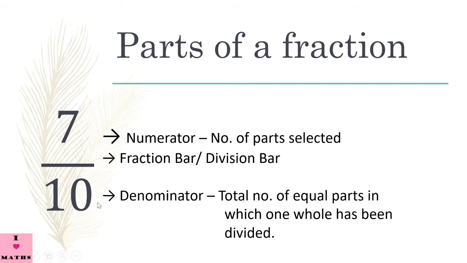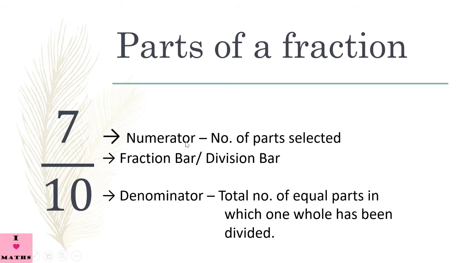Now, the denominator denotes the total number of equal parts in which one whole has been divided. For example, there is a cake which you have divided into 10 equal parts. So this 10 is showing that the cake has been divided into 10 equal parts.